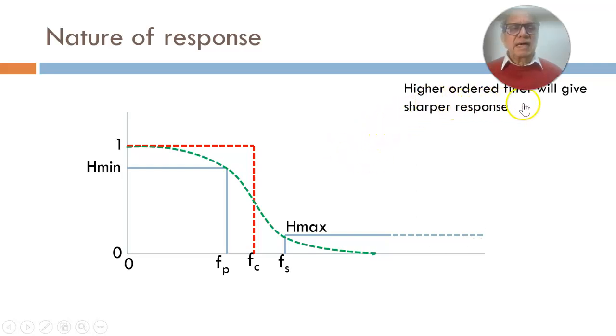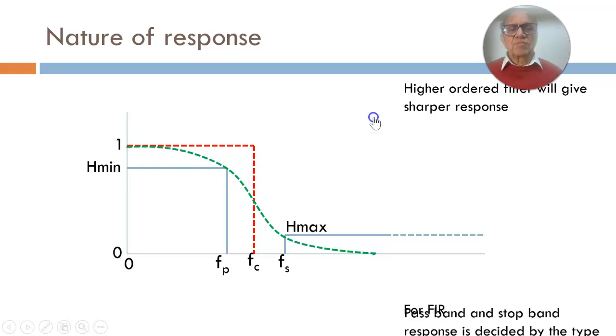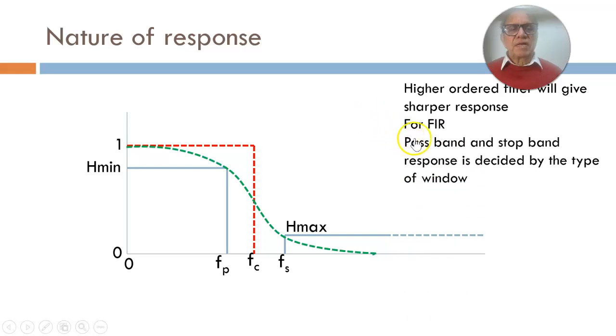So as we said, a higher order filter will give a sharper response. For FIR, the pass band and stop band response is decided by the type of window that you use, whether a uniform window, Hamming window, Hanning window and so on. And for the IIR filter, it is decided by the pole locations.